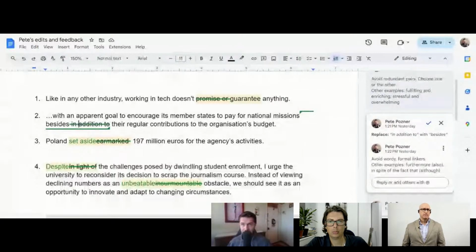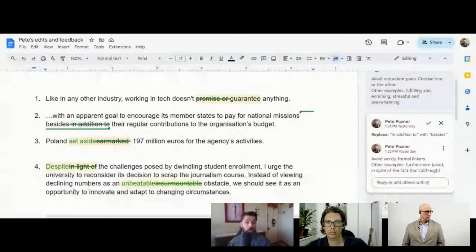Right? Wordy phrase, and you can just use one word. Although, right? Although it was raining, we went to the beach. Okay, so try to avoid wordy, formal linkers in your writing if you're writing for a broad audience.